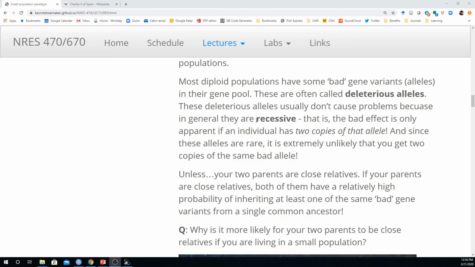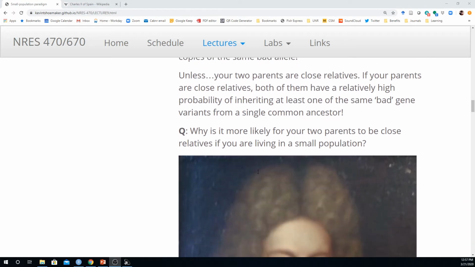It means that you have a much higher likelihood of inheriting deleterious alleles from both parents, and that causes you to have a higher chance of having two copies of that same bad allele, and therefore actually experiencing the bad effects of a recessive deleterious allele. All right? So why is it more likely for your two parents to be close relatives if you're living in a small population? Well, you just don't have that many choices.